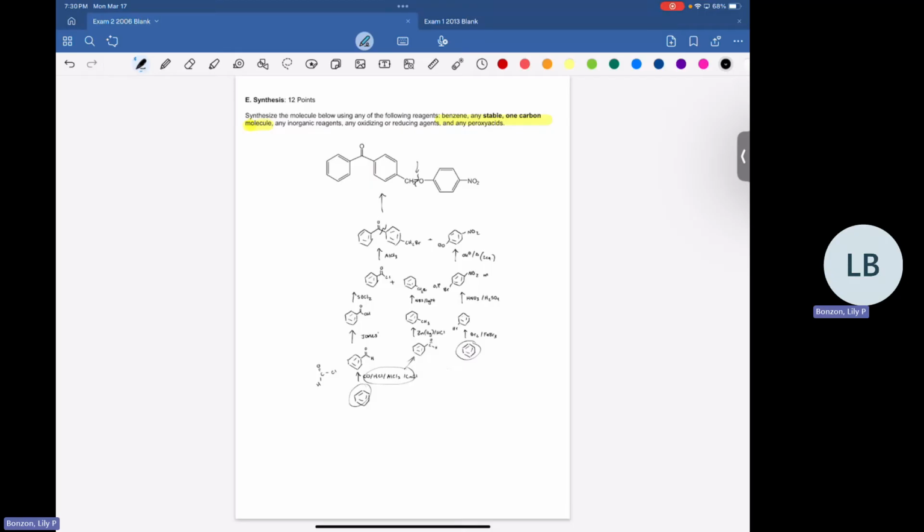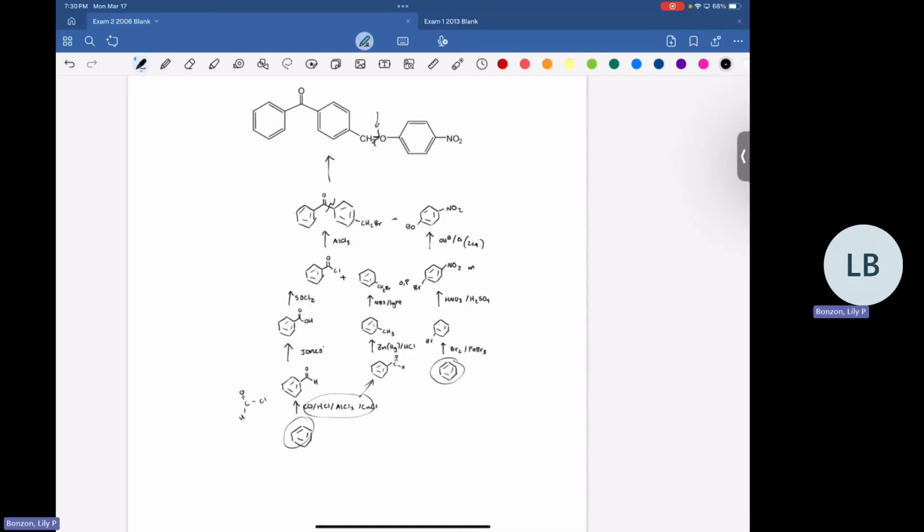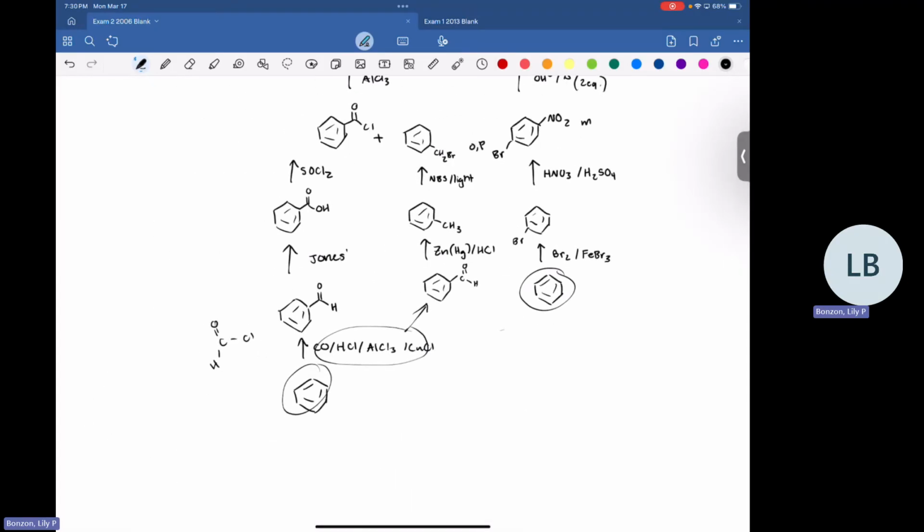Sorry? It said benzene or one stable. So the reason why she said that is because of this thing with the Gattermann-Koch reaction. So it's like this thing right here. If you had that as one of your reagents, that's not a stable one carbon molecule.